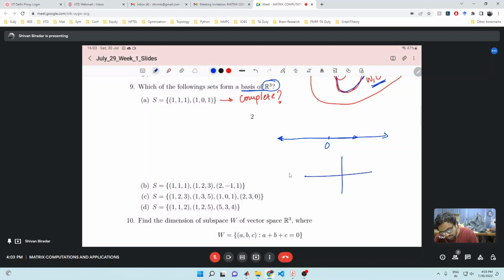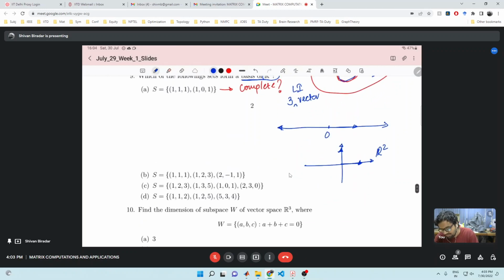For two-dimensional space R2, you need two linearly independent vectors to span this whole space. So the basis for R3 would obviously have three linearly independent vectors. You have only two vectors here, so these two vectors alone cannot be the basis. You need another vector to form the basis of this R3.